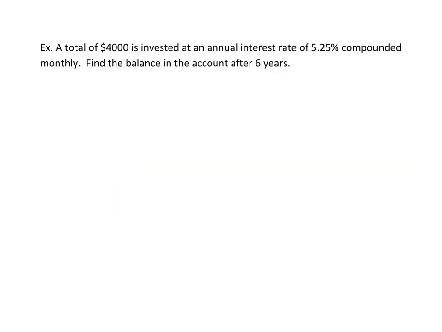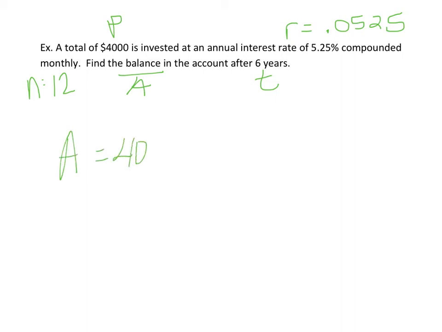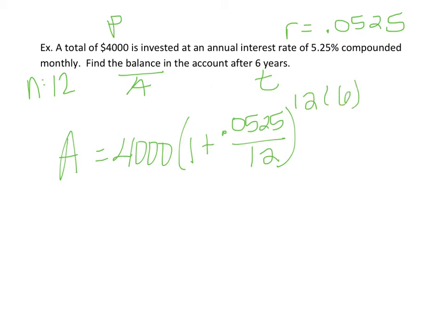Given this problem, we were investing $4,000. That's going to be my P. Annual interest rate, my r, is 0.0525. Find the balance in the account, that's A. Compounded monthly, so my n is 12, and 6 years would be my t. So A = 4000(1 + 0.0525/12)^(12·6).